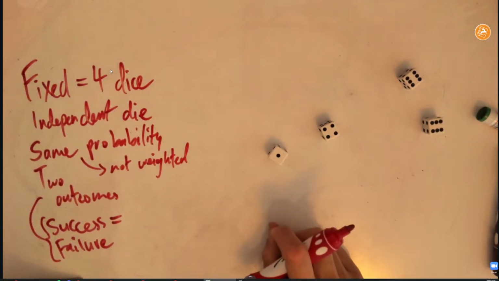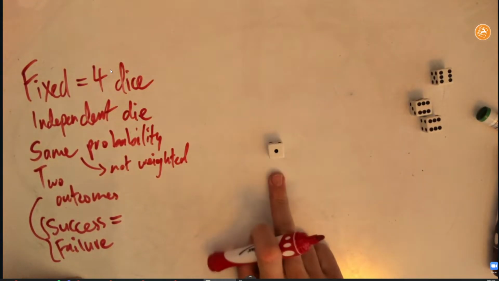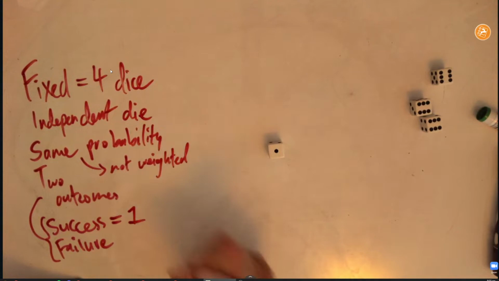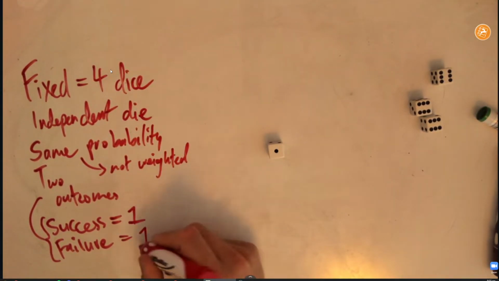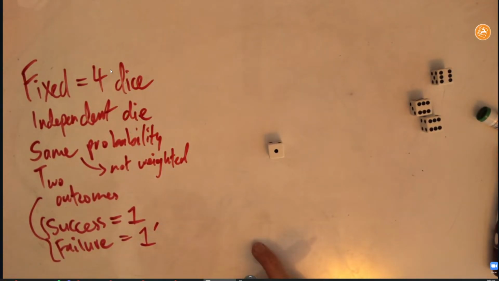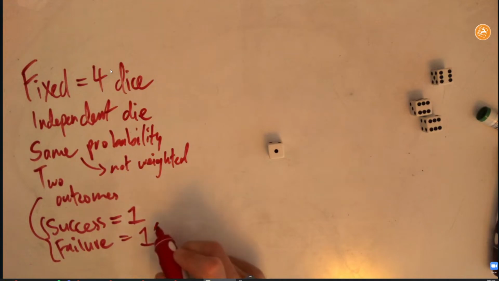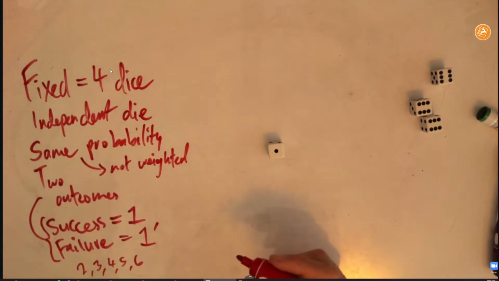I mean, 1's kind of cool, but 6 is also pretty sick. No, I'm going to go with 1. I'm going to say 1 is success. So 1 is success, and failure is going to be not a 1. This is how we say not in probability. So this is going to be my failure. So this is actually if it's a 2, a 3, a 4, a 5, or a 6. We're going to call that our failure.